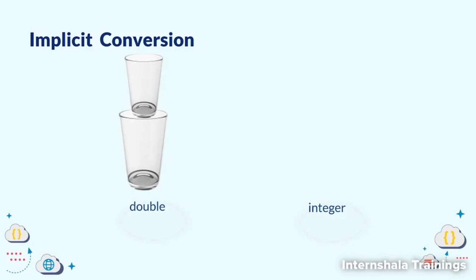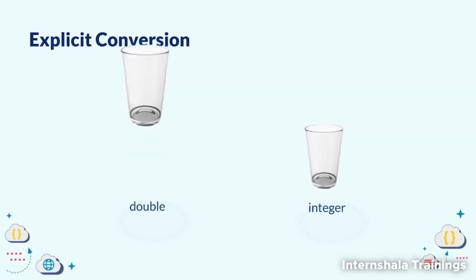But what if we need to do this the opposite way? That is, we are trying to fit the double type class inside the integer type class. As we can see, it cannot be fitted easily due to its bigger size. And if we need to do so, we have to do it forcefully. This is called explicit typecasting.